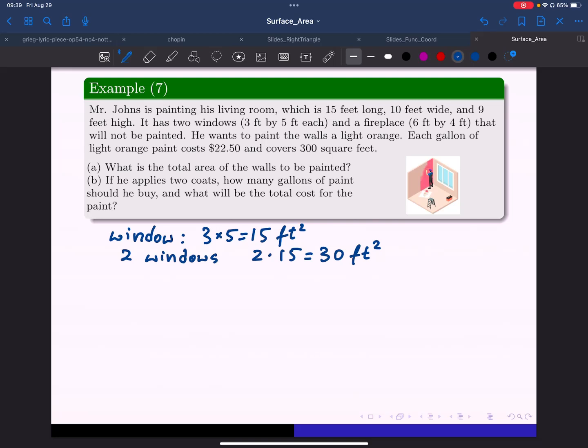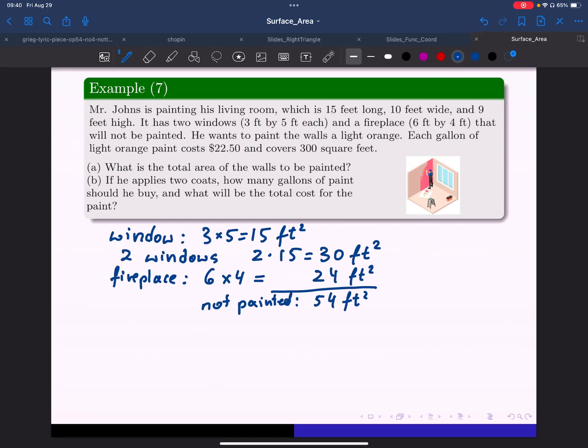And then the fireplace. The fireplace is 6 by 4. So 6 times 4 is 24 feet square. So the area that will not be painted is 54 feet square.